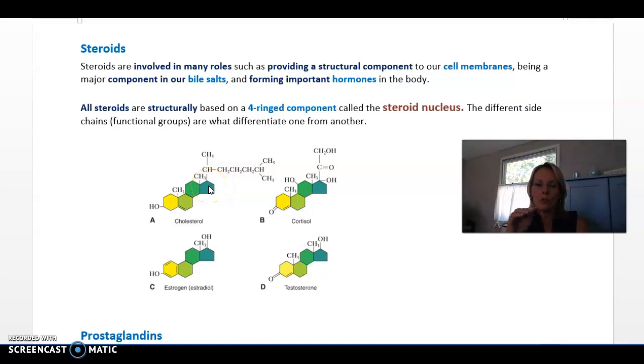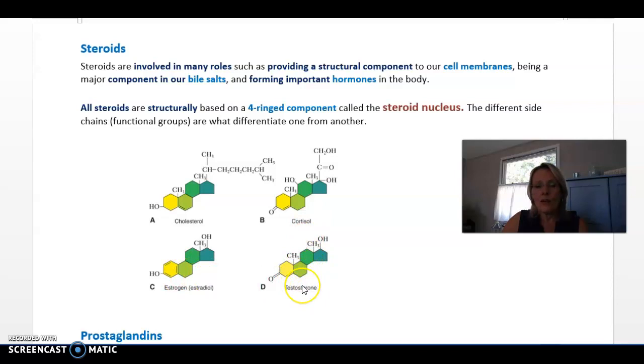But what makes each one of these steroids different are these side chains coming off of the core of the molecule, right? So these side chains give this particular steroid characteristics, and we call it cholesterol. This steroid has different side chains, and it therefore has different functions. And this particular one is called cortisol.